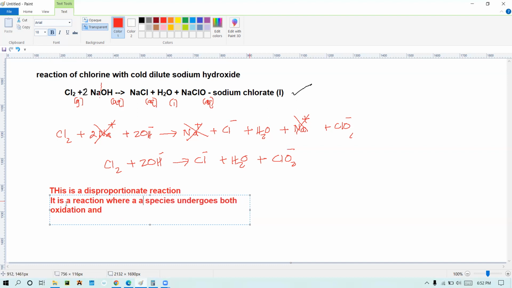A species undergoes both oxidation and reduction. If you're asked to explain what a disproportionation reaction is, you can say it is a reaction where a single substance undergoes both oxidation and reduction. And in this example, chlorine undergoes disproportionation.